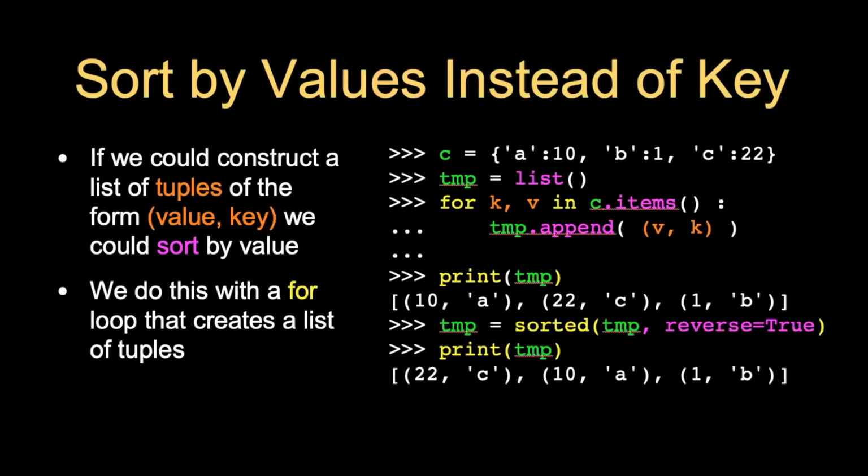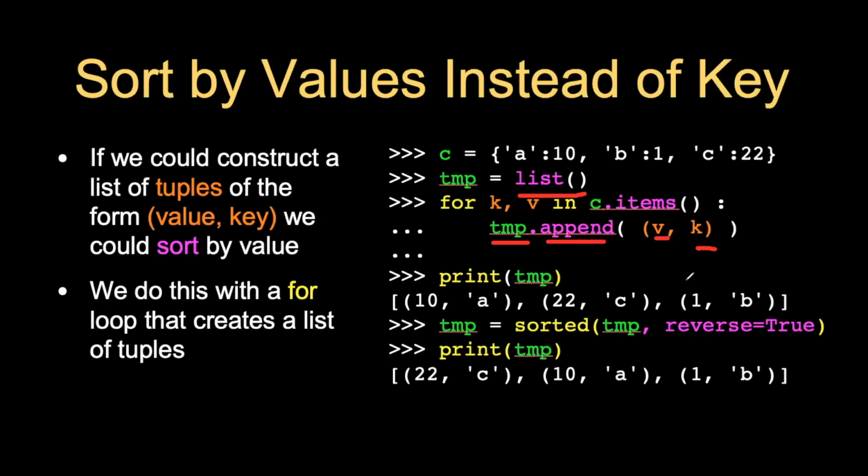So this is the next one, sort by values of key. I want you to pay attention here too. What you're doing is creating an empty list. This is a temporary list that you're creating from scratch, and you would append your VK, right? So what is VK? VK is a tuple, right?